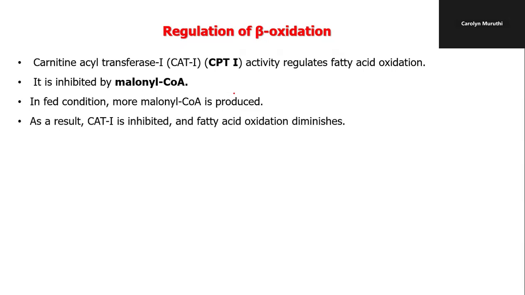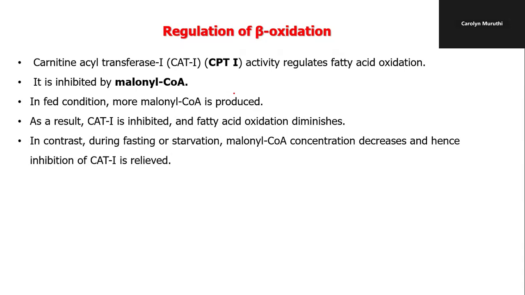So CAT1 will be inhibited by malonyl-CoA, and therefore fatty acid oxidation will not continue. However, during fasting or starvation, the concentration of malonyl-CoA will decrease, and therefore the inhibition of CAT1 is relieved, and this will activate beta oxidation.